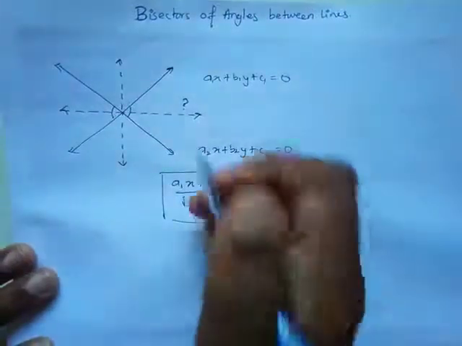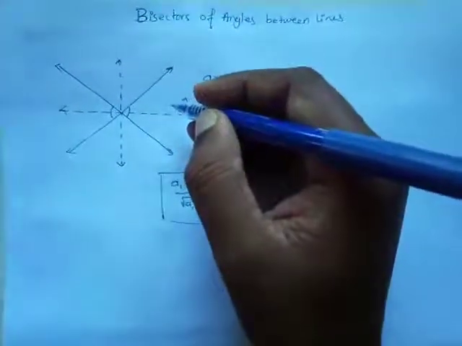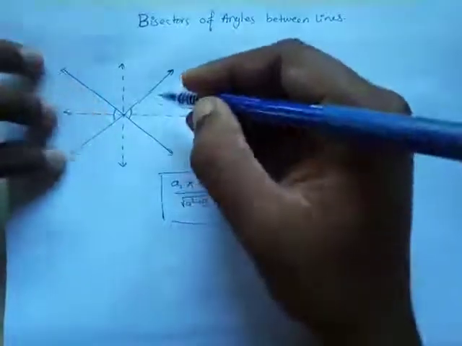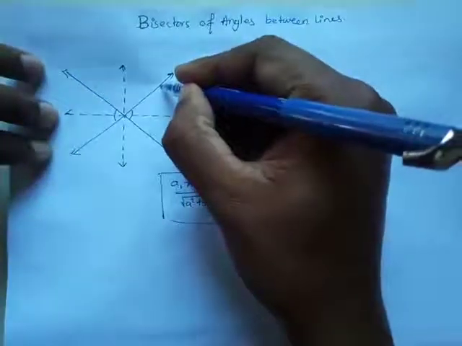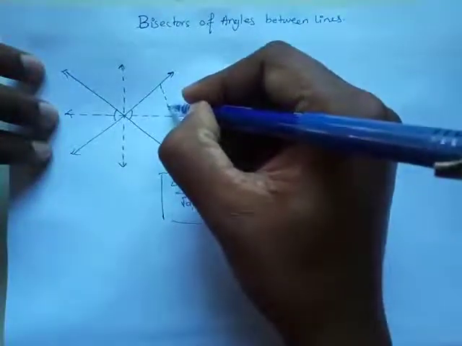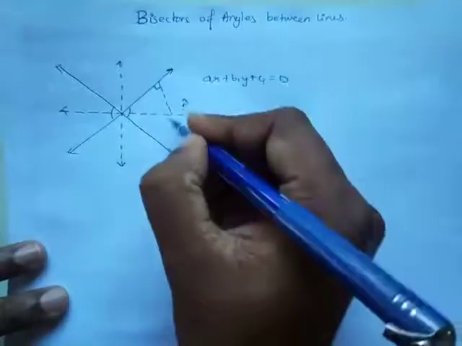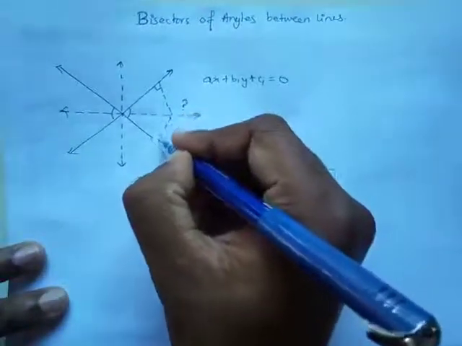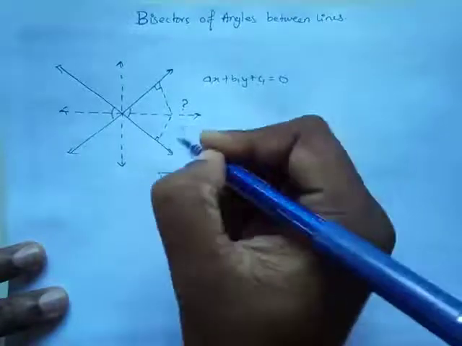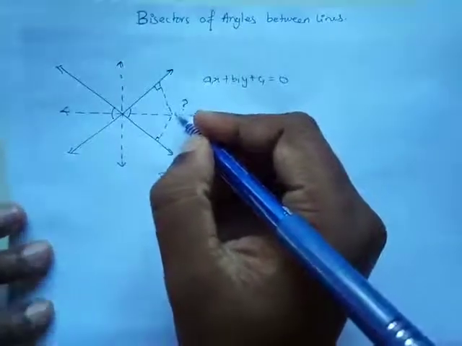Let's imagine I'm constructing a perpendicular over here. The perpendicular is formed over here. This is 90 degrees and this is also 90 degrees. Let's give them names.